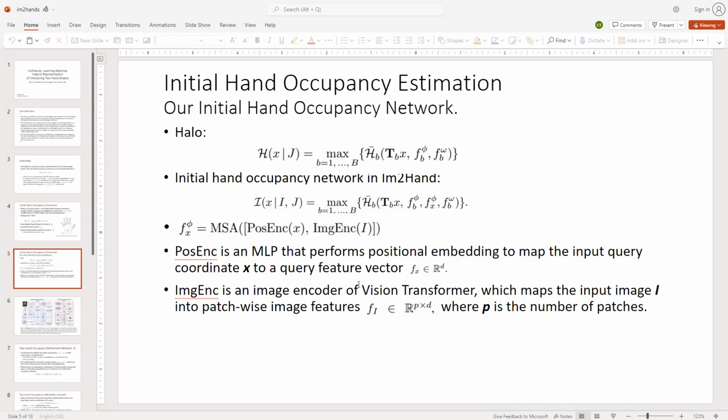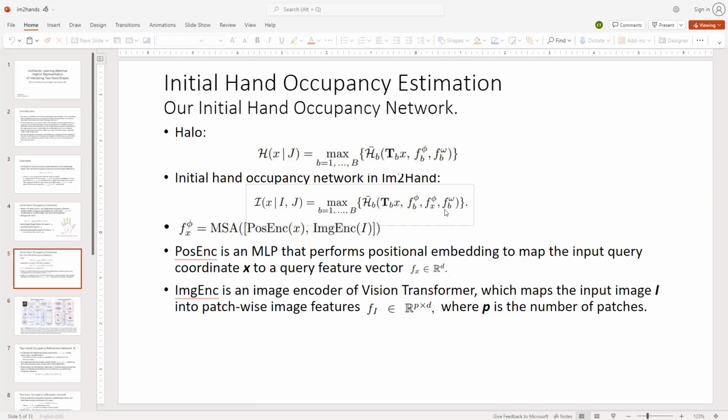And the image encoder is a standard image encoder in Vision Transformer, which maps the input image I into p number of d-dimensional patches. And then this multi-headed self-attention sort of tries to figure out which patch this query point is closely associated to.